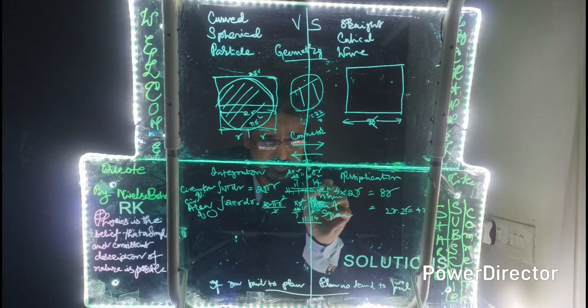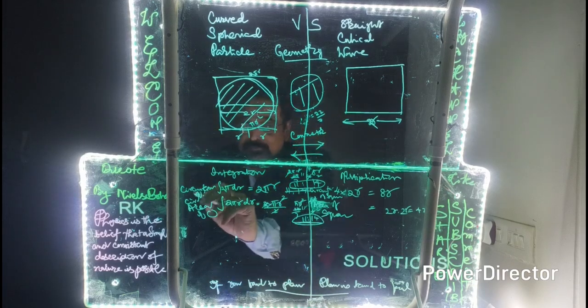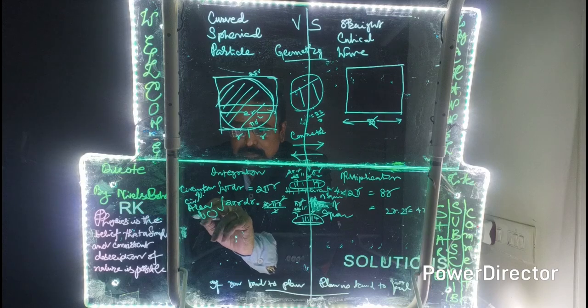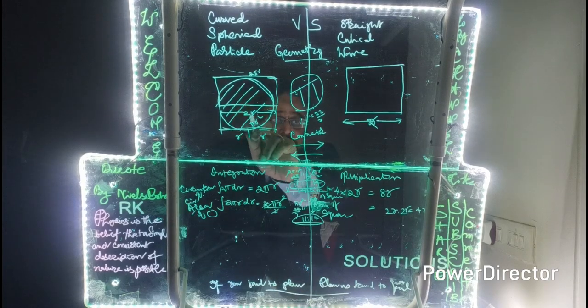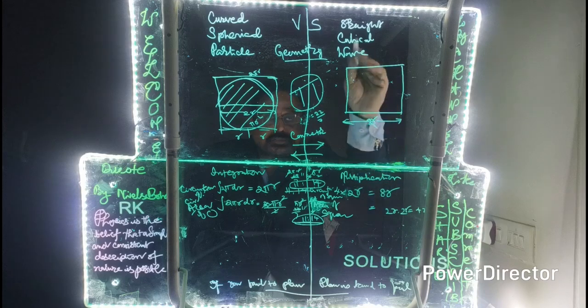So 11 is to 14 is the ratio of the circumference and the area of circle and square. Square, in the sense of straight surface, cubic surface.